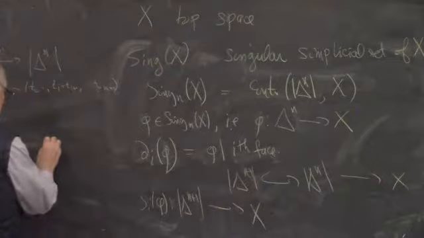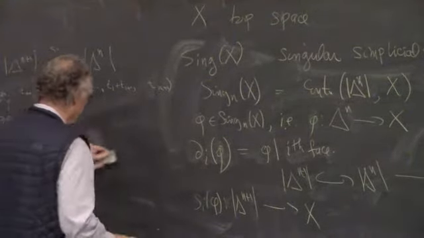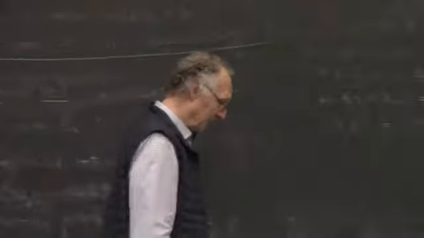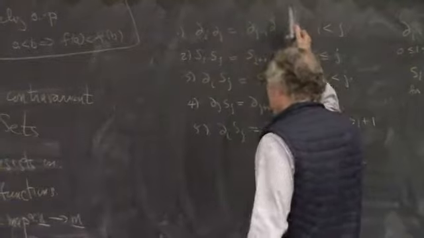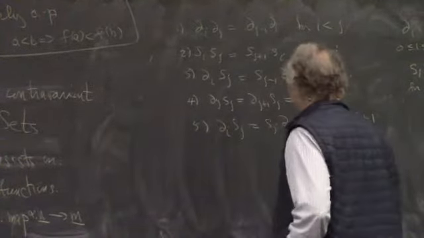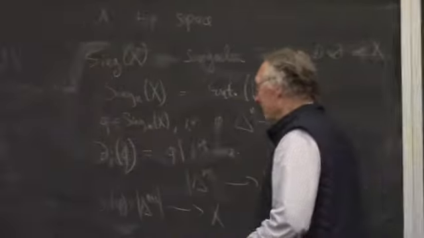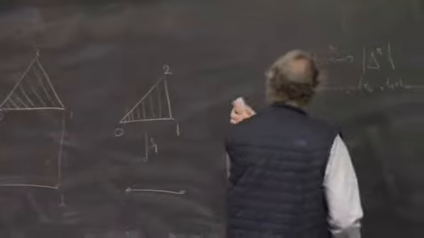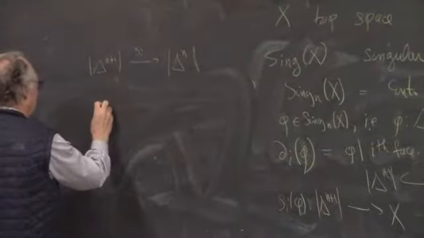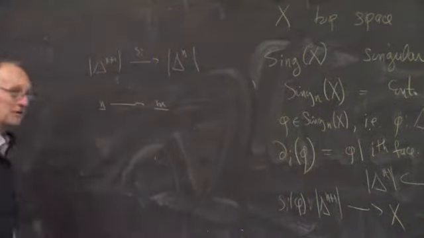So the degeneracy is a map from, well, and it's an easy exercise. It's the same exercise you can do purely combinatorially to prove all of these rules. But suppose I had an arbitrary order preserving map alpha.